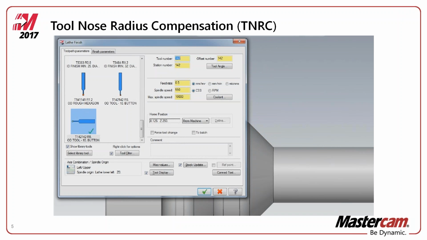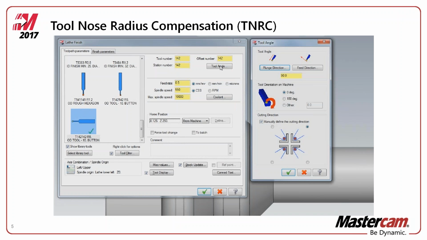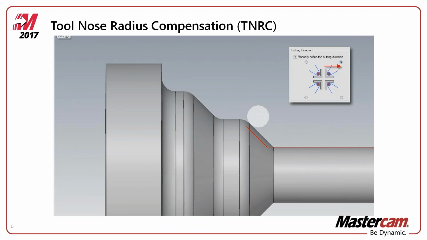And so by making a change here and using the option that we put in to manually define the cutter direction, it's more or less taking how we set it up on the machine and translating that into the software. That way we do get the proper compensation here on the part.